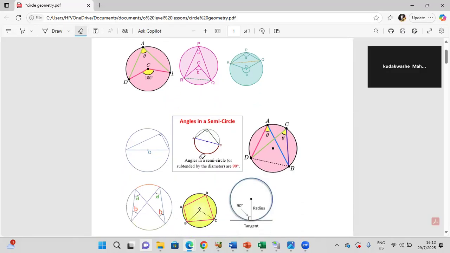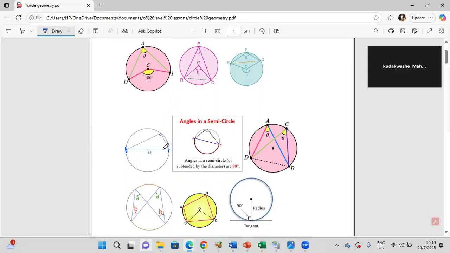Now, the other theory that we talked about is that angles in a semicircle form 90-degree angles. If you look at this diagram here, the simple way of understanding it is that if the triangle is sitting on the diameter, this line which is passing through the center, we call that a diameter.